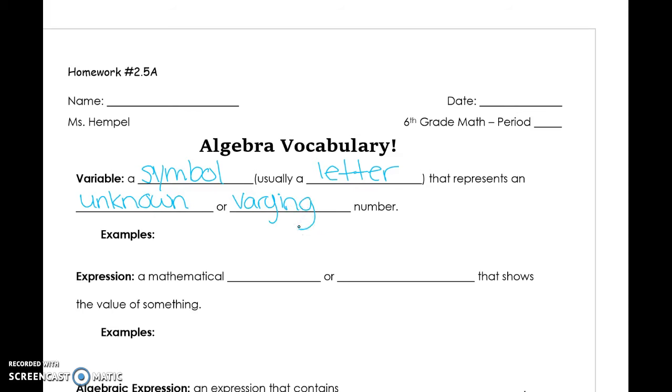And a lot of times we forget about this word right here, which is varying, meaning that it changes, or changing number. And that's where we get variable from.